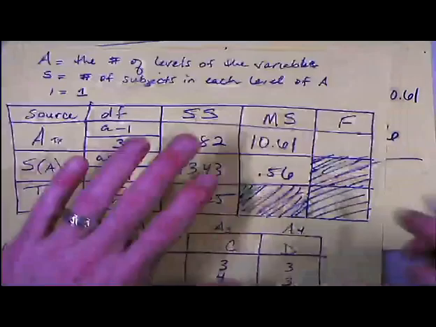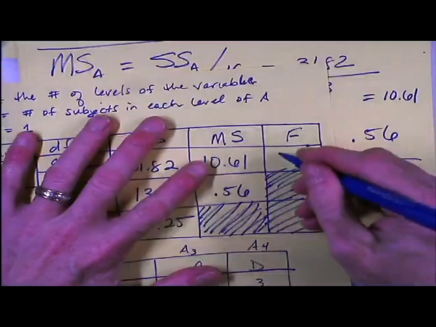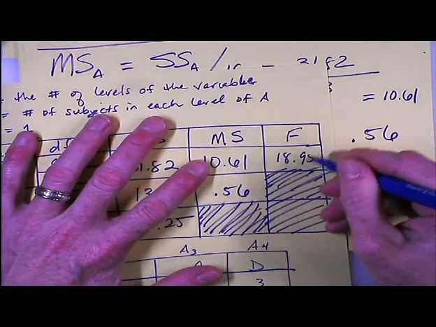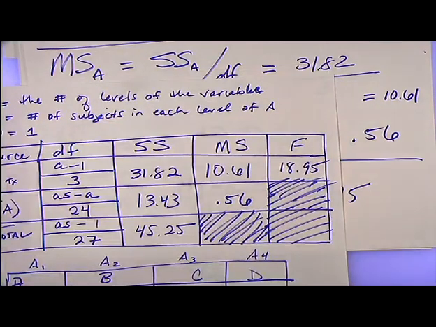Typically, any F that you get over about 6 will be significant. But we find it exactly. Okay.